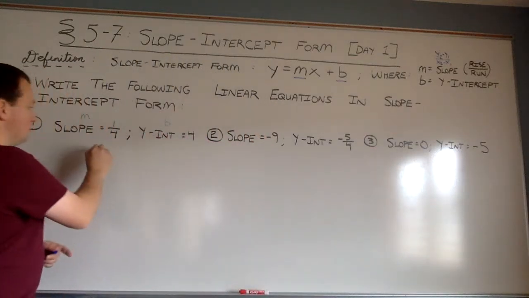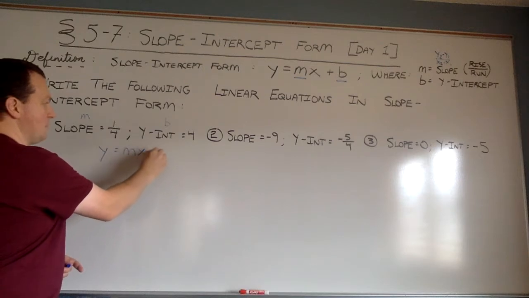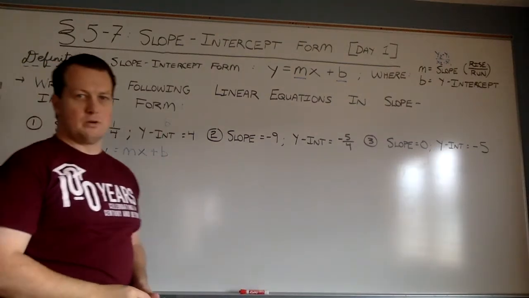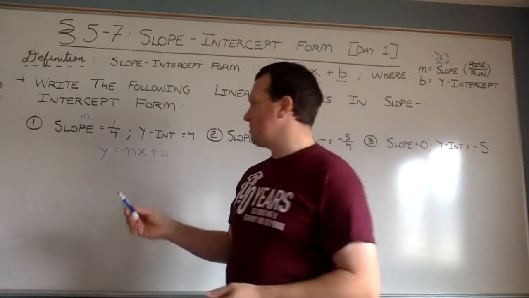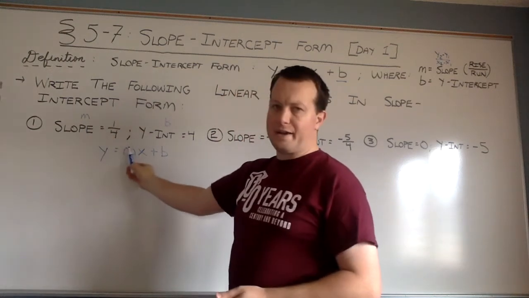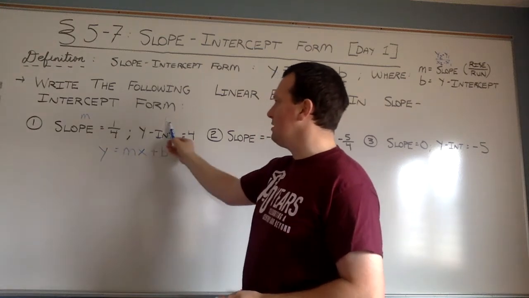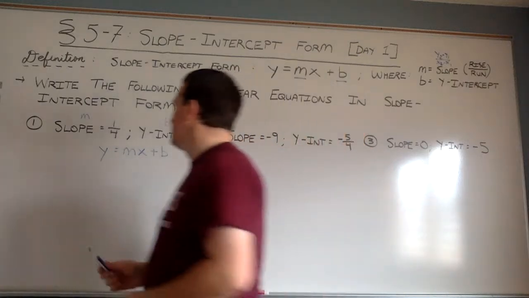So all I'm going to do is plug in y equals mx plus b, my given value for m and the given value for b. So as I was saying, we're just going to plug in the given m slope value into my equation where I see y equals mx plus b, and then the y-intercept will get plugged in the b location.